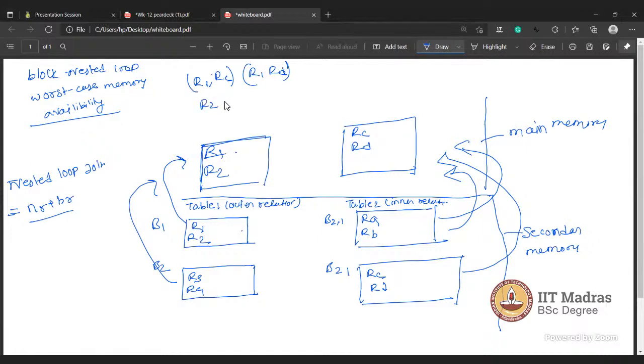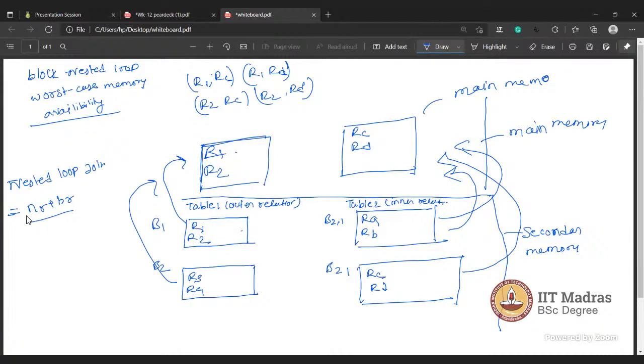For R2 with RC and R2 with RD, no seek is required, because these two blocks are already available in main memory. A seek is required only if the block is present in the hard disk, so these don't require any seek.